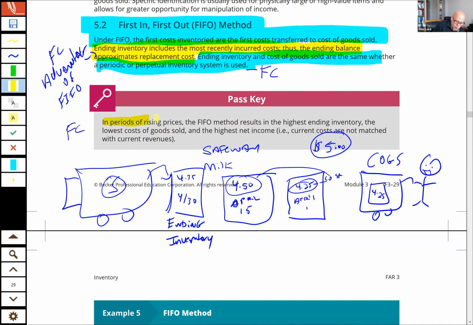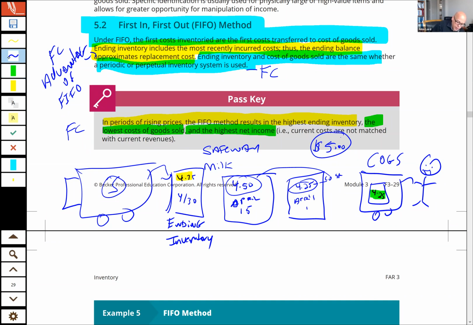Now, let's go ahead and flashcard this passkey. And in periods of rising prices, the FIFO method will result in the highest ending inventory. You can see that right there. The lowest cost of goods sold. You can see that there. We're in a period of rising prices. And the highest net income.